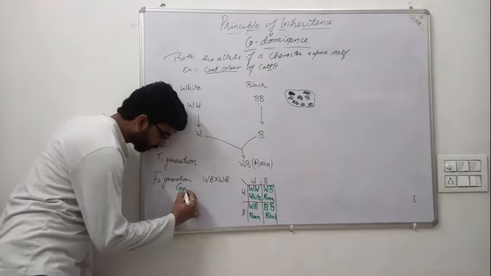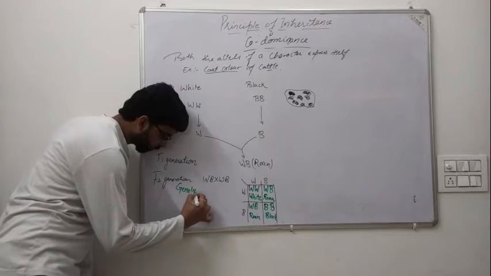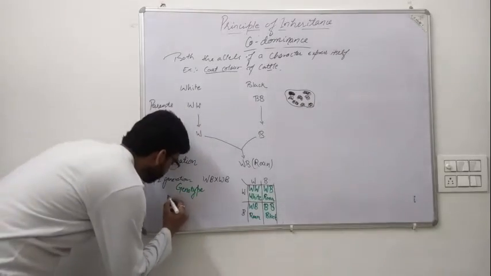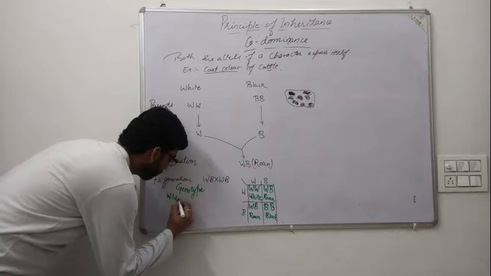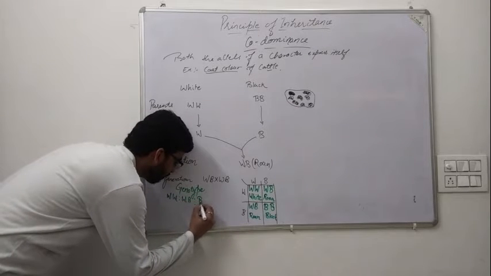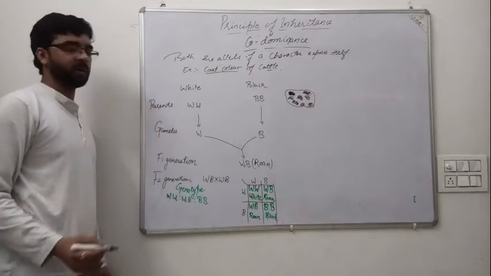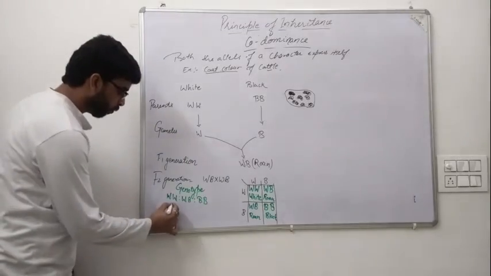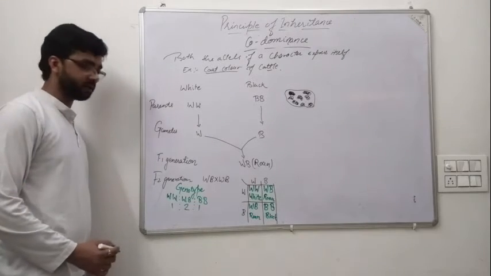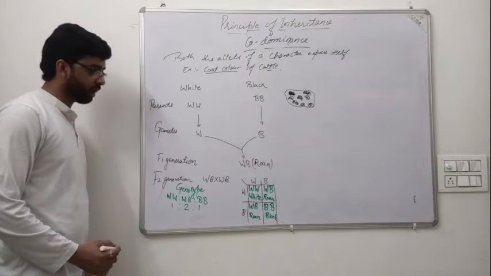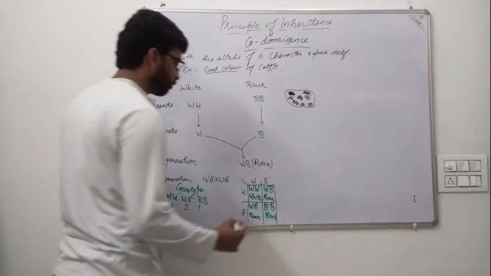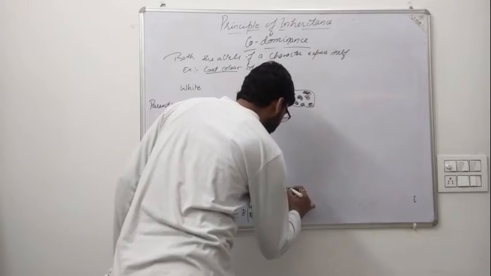For the genotype, the ratio of WW, WB, BB is 1, 2 and 1. So the genotype ratio is 1:2:1.